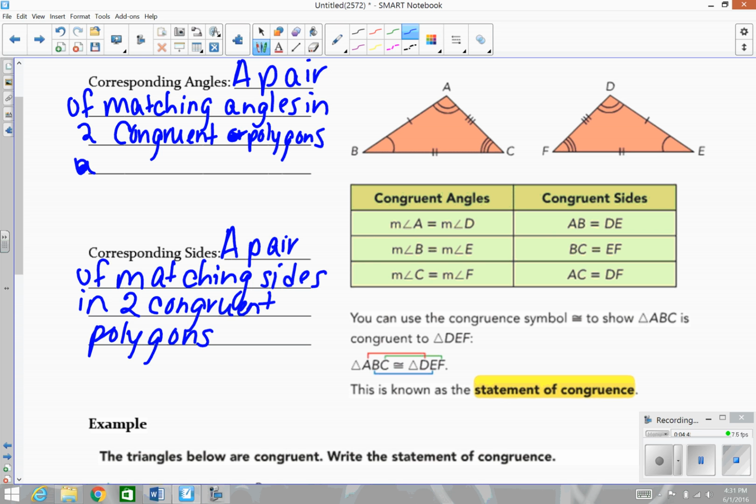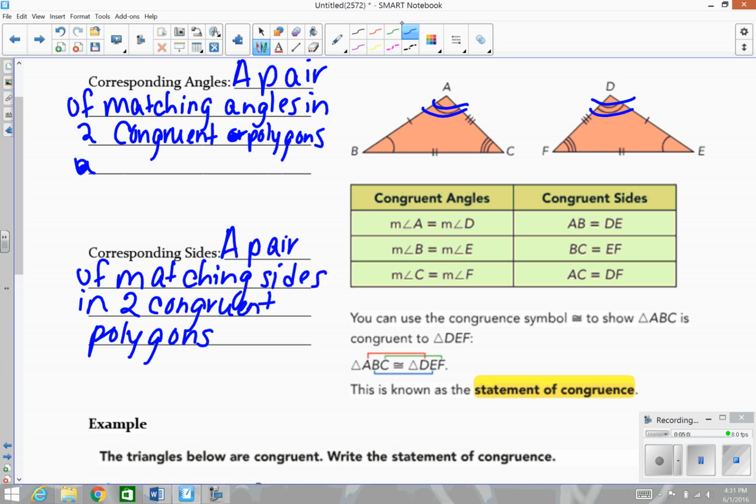Okay. So if we look at the diagram here to the right, we have congruent angles. The measure of angle A, that's up here, is equal to the measure of angle D. Those are corresponding angles. They are the same measure. They are congruent.